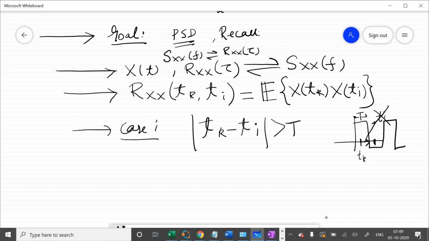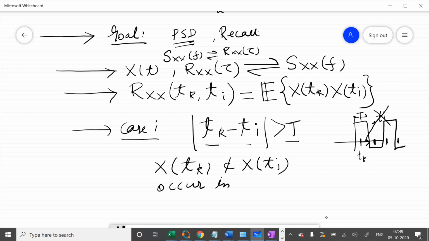It has to be here or here or here. So if tk minus ti is greater than T, then x of tk and x of ti occur in different pulse intervals, and hence are independent.